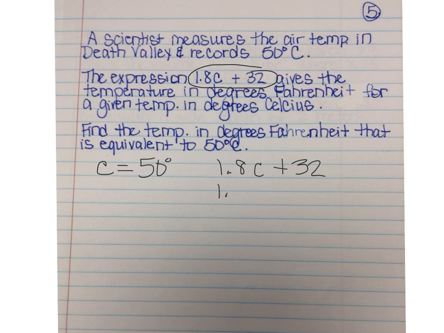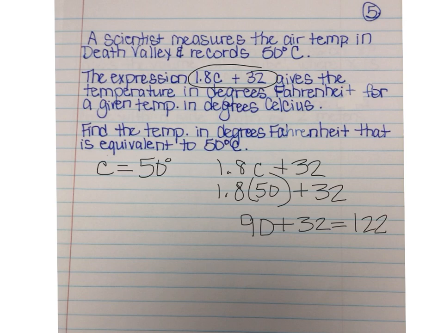We have 1.8 times 50, that was Celsius, plus 32. Now we have to do PEMDAS, so we're going to do 1.8 times 50. When I multiply that out, I got 90, plus 32 equals 122 degrees, and I would not want to be there in Death Valley at that time.